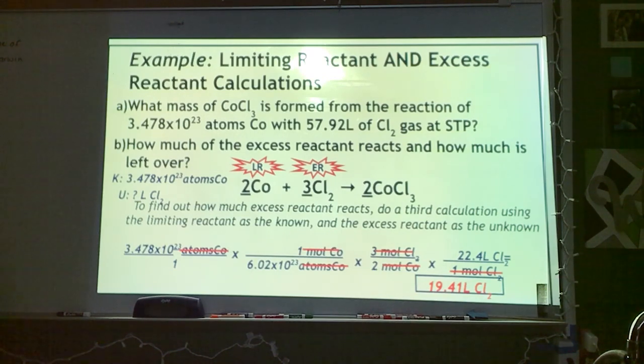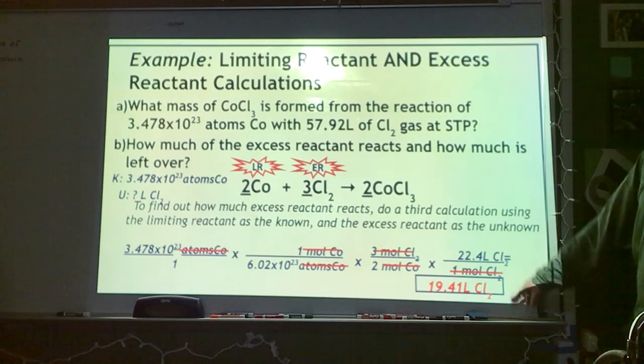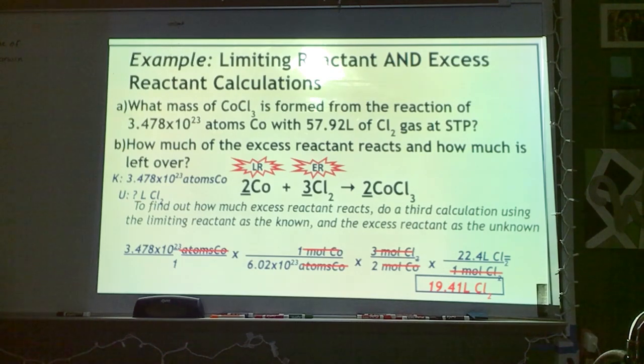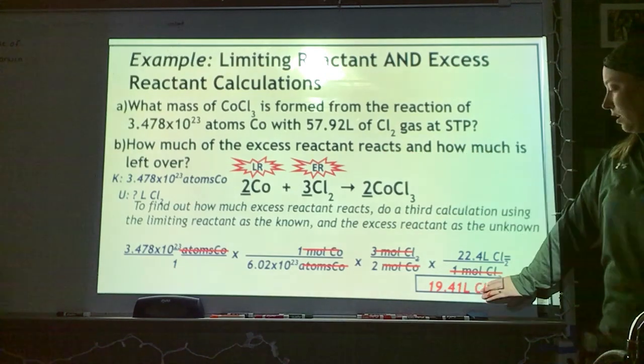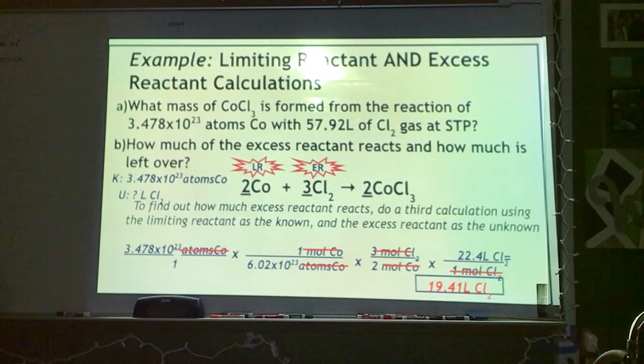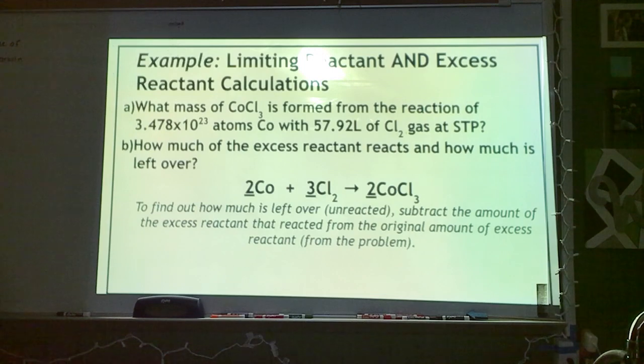So that means in the reaction, we use 19.41 liters of chlorine out of that 57 we originally used. So that would be this very first part. How much excess reactant was used in the reaction? 19.41 liters. Now we need to figure out how much was left over, which is a simple calculation.